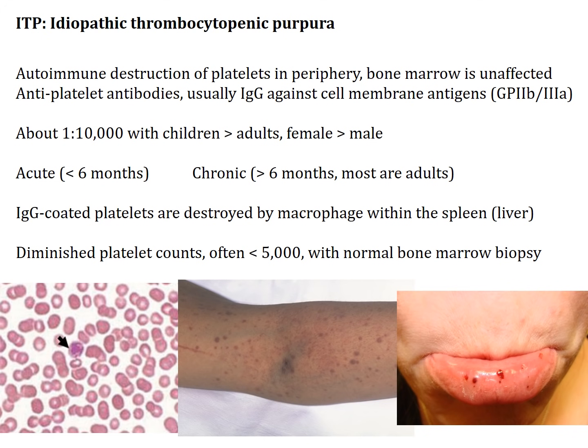So one way to differentiate ITP versus leukemia or other types of bone marrow failures is to do a bone marrow biopsy. You see normal appearing bone marrow, you see those healthy megakaryocytes in the bone marrow, and you can make that diagnosis of ITP. On the blood smear, see the black arrow there?